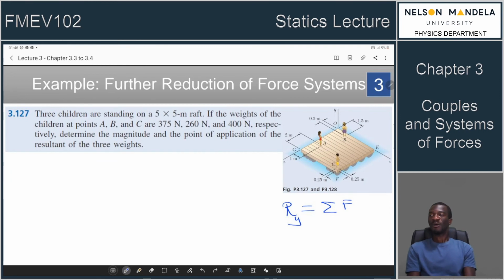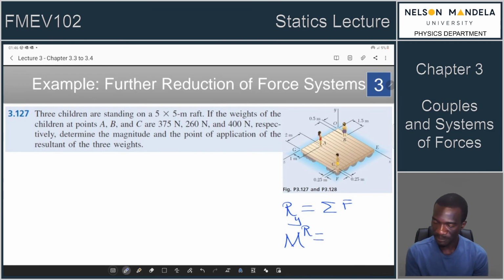So if you now know the value of this resultant, now you can look at the total of the moments. So what is your moment resultant? It's simply the sum of the individual moments, for i equal to 1 up to 3.